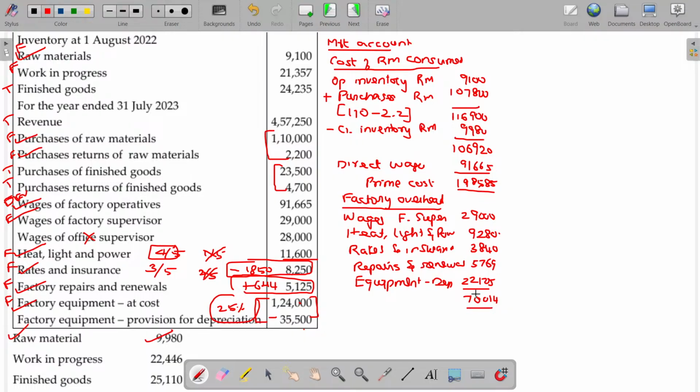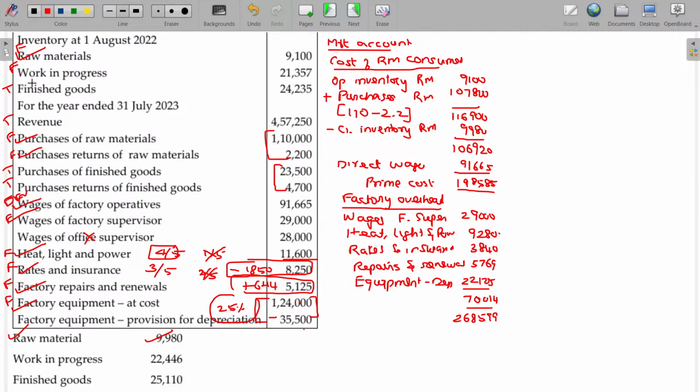From the prime cost, if I add the factory overhead, the total value being 2,68,599. So you have to add opening work in progress with this. Opening work in progress here being 21,357.